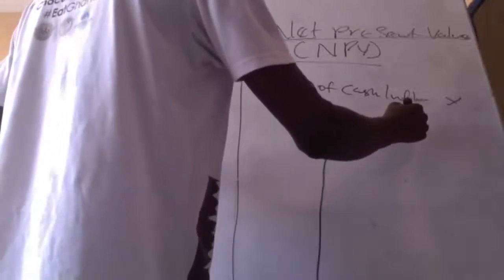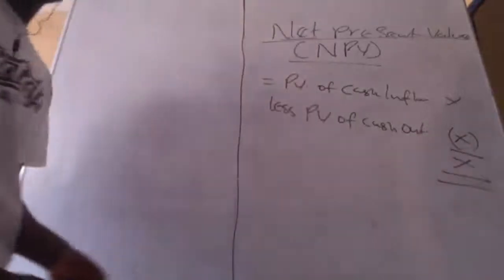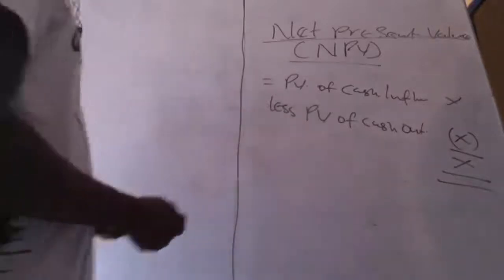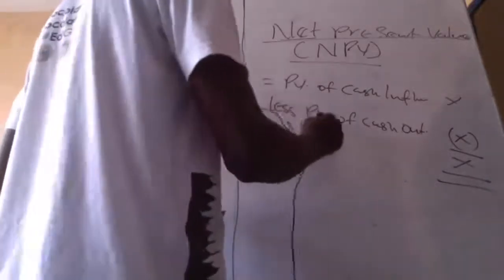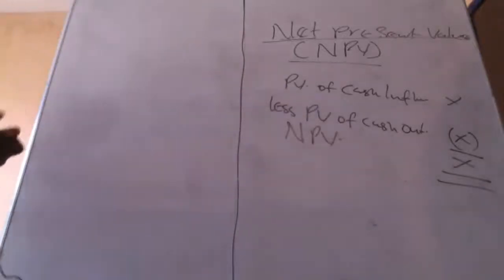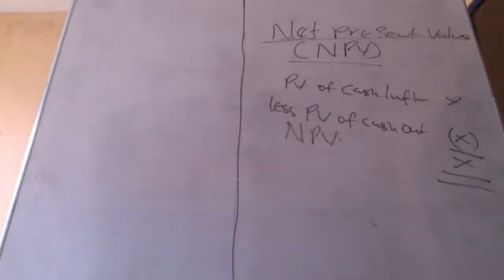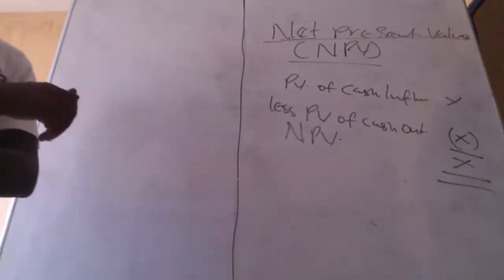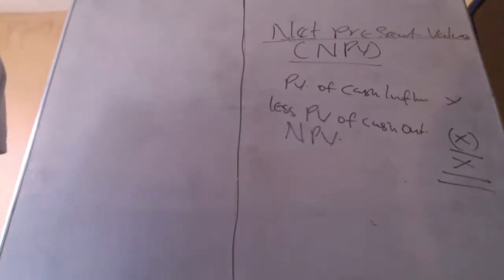Cash outflow. Good. So that's the NPV. That's the simplest formula that we can go by. So when they ask you NPV, it is the PV of the cash inflow less the PV of the cash outflow. Good.